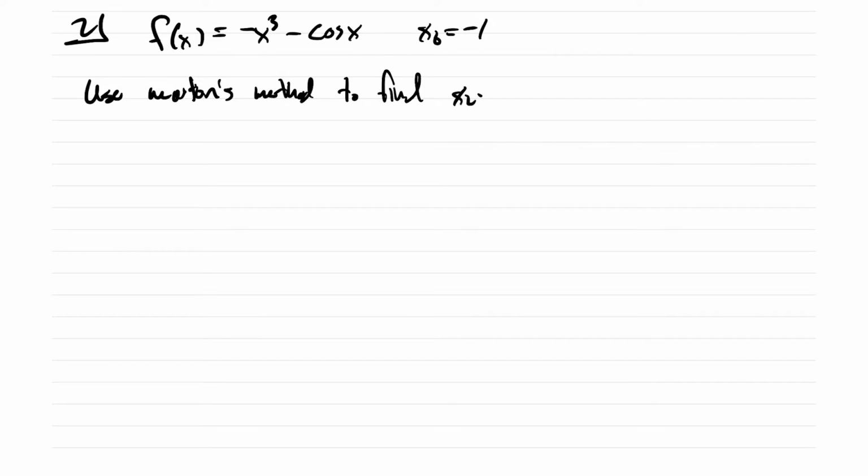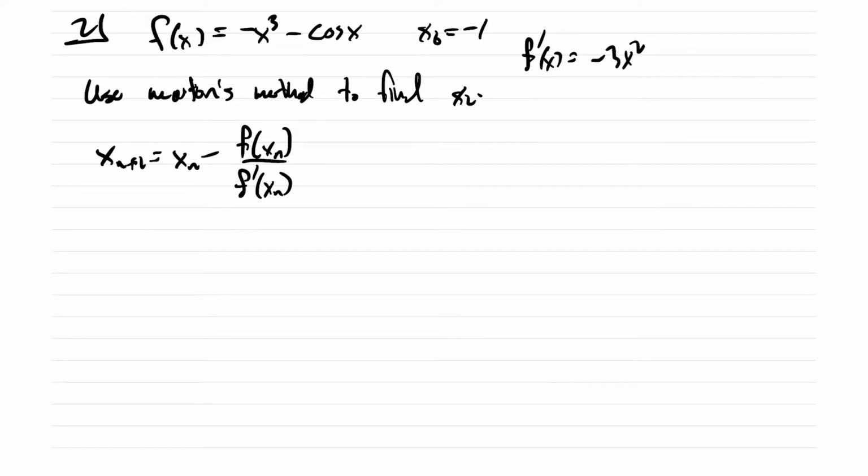All right, so again, same process. We know that x(n+1) is equal to xn minus f of xn divided by f prime of xn. And then we need to find f prime of x, which is equal to minus 3x squared, and then we're going to have plus sine of x.